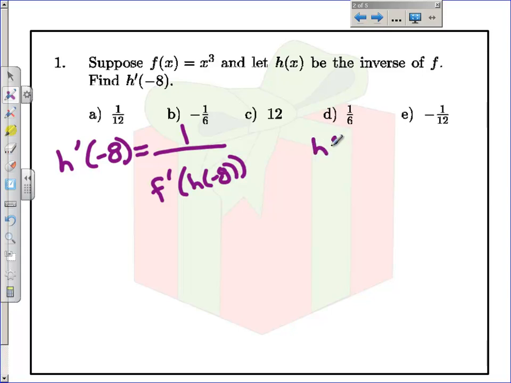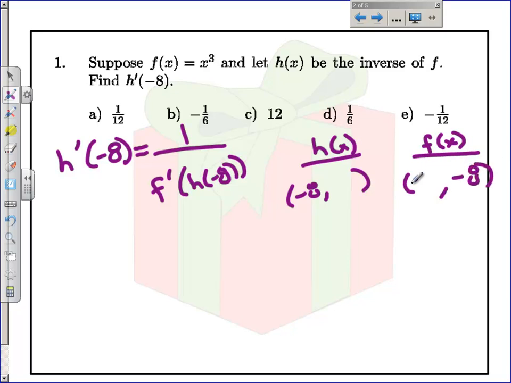Now if h of x travels through the point -8 comma something, then that means that f of x travels through the point something comma -8. So what I'm going to do is figure out this missing piece here. When does x cubed equal -8? Well, that only happens when x equals -2. So there is our magic point.